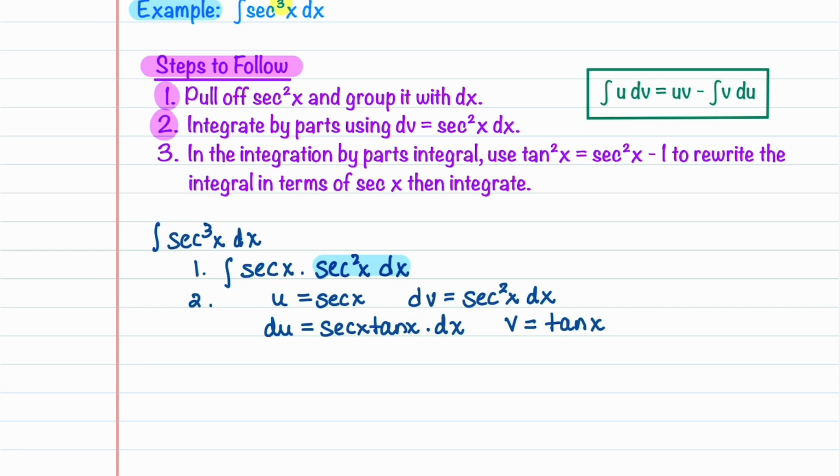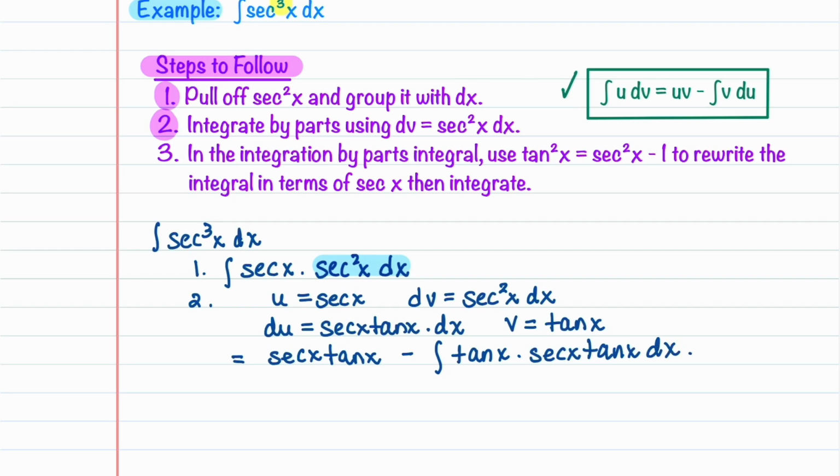Up here on the right, I put down the formula for integration by parts in case you've forgotten it. And let's go ahead and apply that formula now. Our integral is equal to uv, so this is secant x tangent x, minus the integral v, which is tangent x, times du, which is secant x tangent x dx.